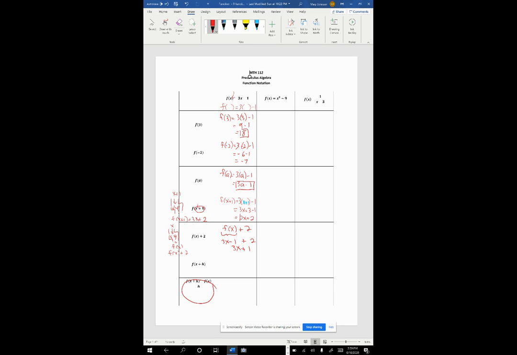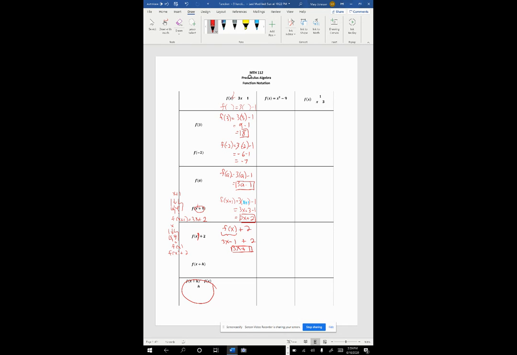Do you see the difference? I didn't put x plus 2 into the function machine. Here I close the parenthesis after the x. Now f of x plus h is more like f of x plus 1 than anything else.